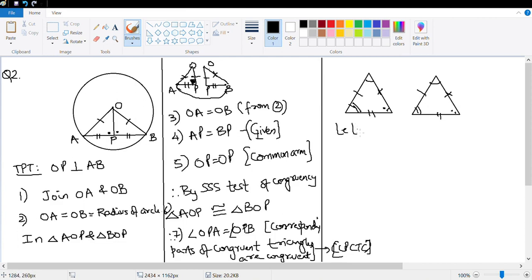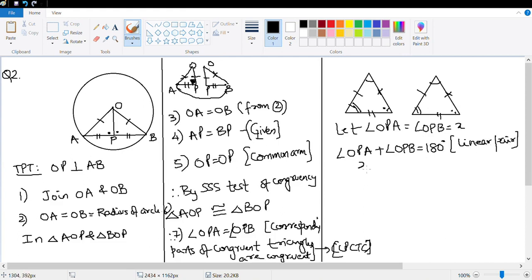So let angle OPA is equal to angle OPB is equal to x. Now angle OPA plus angle OPB will be equal to 180 degrees. Why? Because this is a linear pair. So x plus x is equal to 180 degrees. 2x is equal to 180 degrees, which means x is equal to 90 degrees.